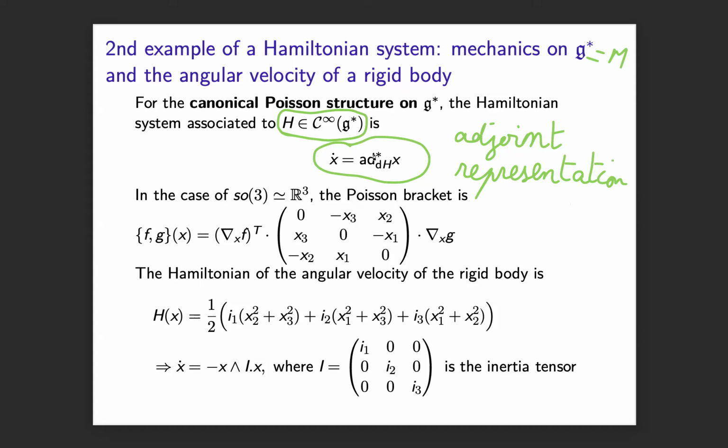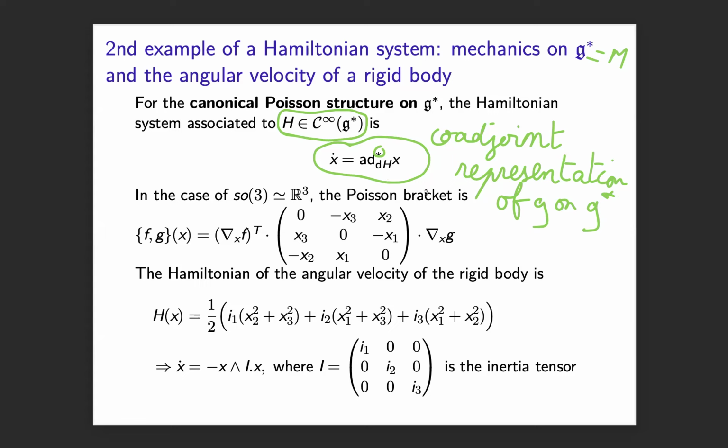And here I wrote ad star. So it's not the adjoint representation, it's the co-adjoint representation of G on G star. The adjoint representation of G on itself is given by the Lie bracket of G, and the co-adjoint representation of G on G star is given by the transpose of this.